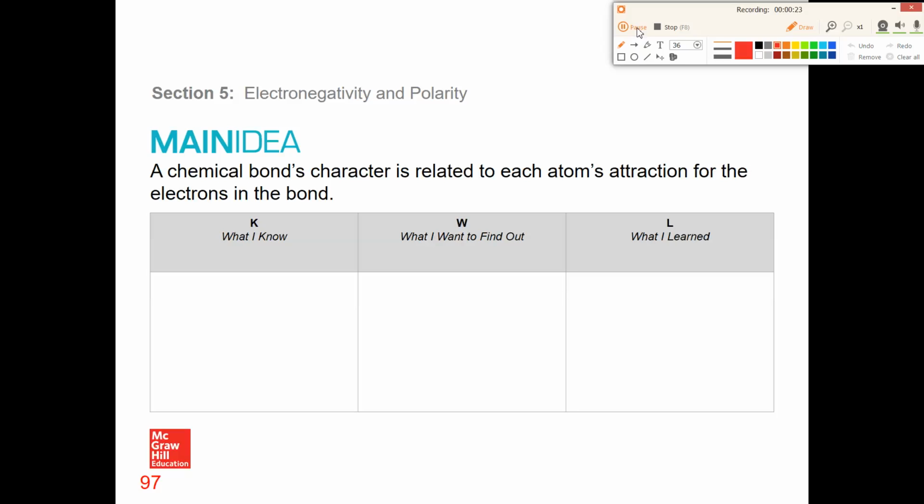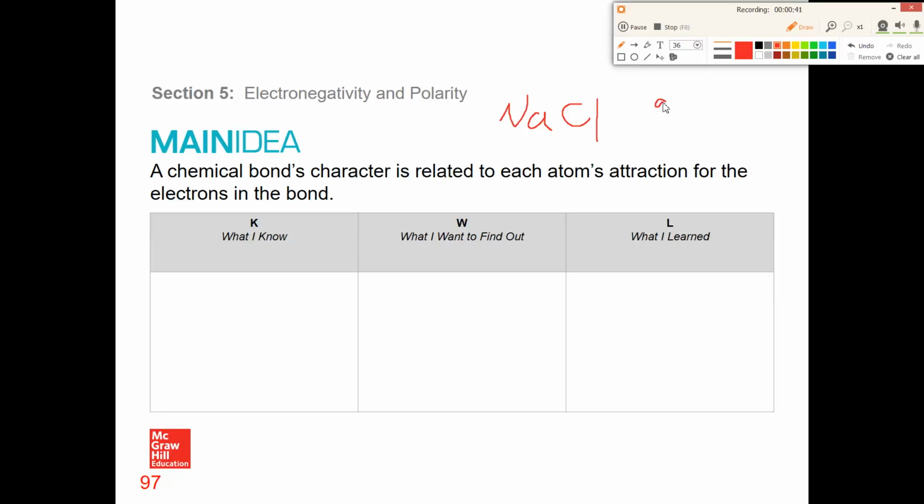However, for example, let's talk about sodium chloride, right? It's a typical ionic compound. However, it's not 100% ionic, but it's majority ionic.